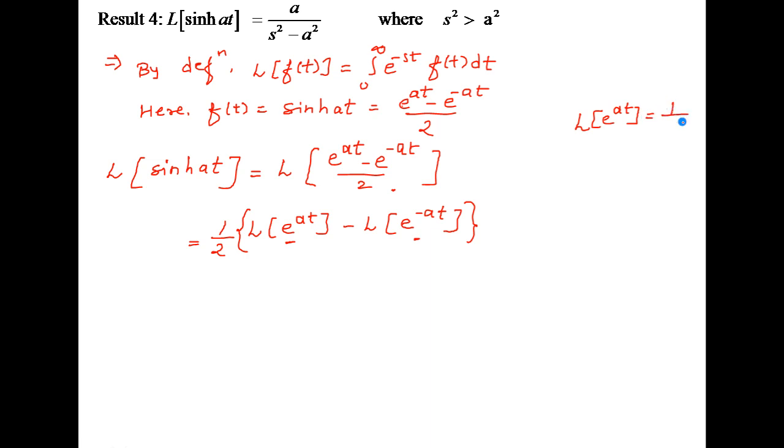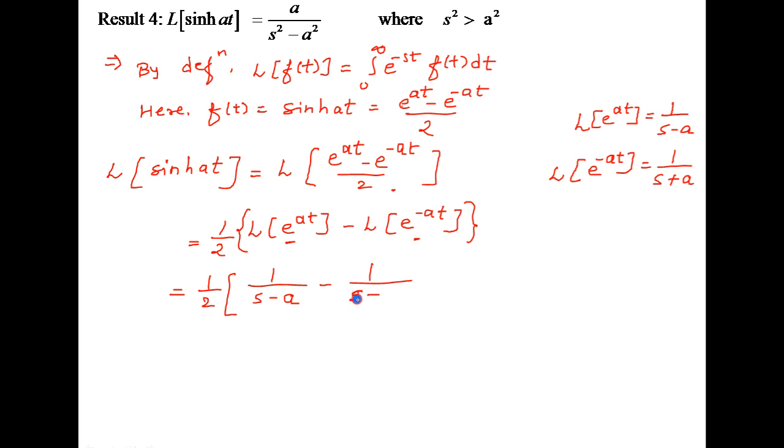Right, now we have derived, it is 1 upon s minus a. And similarly, if I want to write the Laplace of e to the power minus at, what is the result? It is 1 upon s plus a. Okay, so using these two results here, we can write 1 by 2 in bracket Laplace of e to the power at, that is 1 upon s minus a, minus Laplace of e to the power minus at, that is 1 upon s plus a.